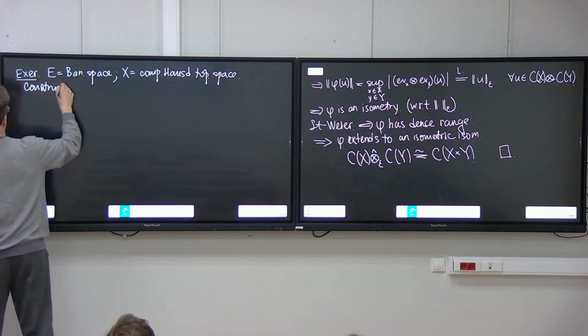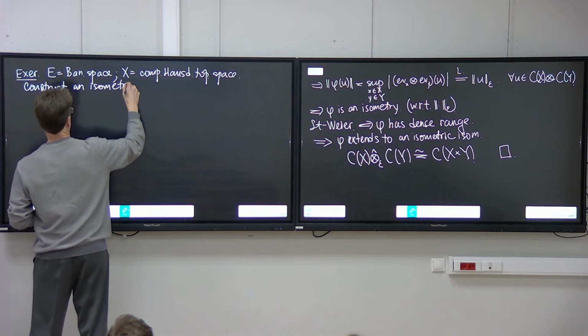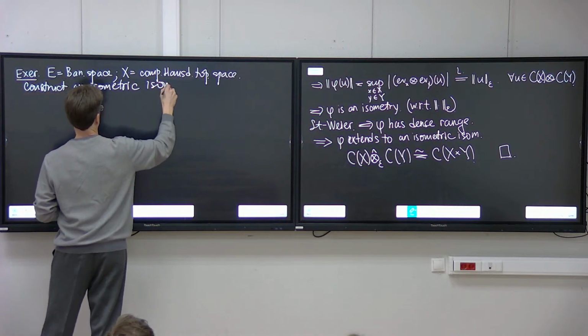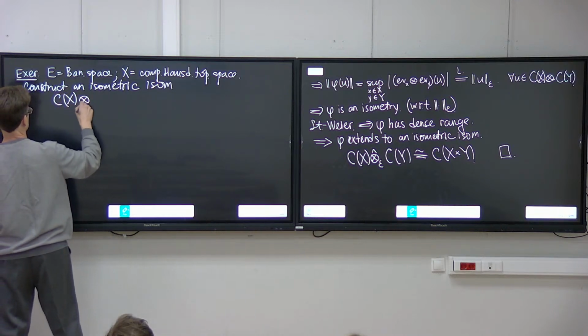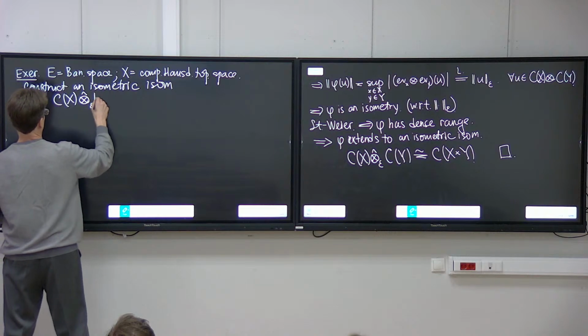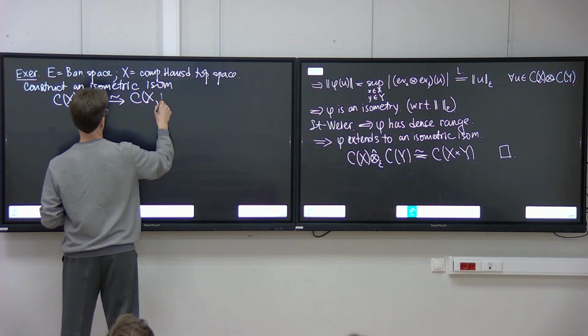Construct an isometric isomorphism between the complete injective tensor product of C(X) and E, and the space of continuous E-valued functions on X.